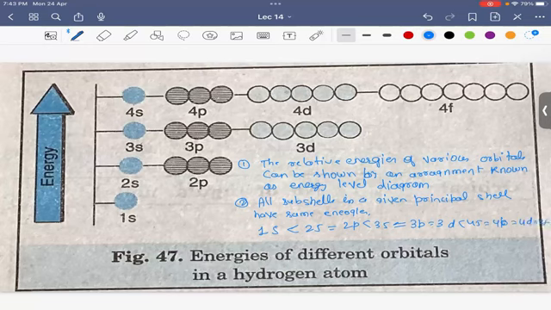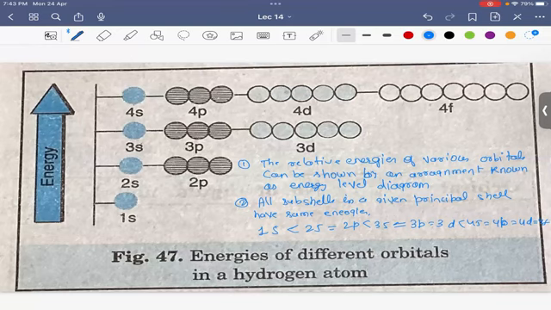Although the shapes of 2s and 2p orbitals are different, an electron has the same energy when it is in the 2s orbital or in the 2p orbital. Orbitals having the same energy are called degenerate orbitals. And the electron in the 1s orbital is in the most stable state and is called the ground state electron, right?